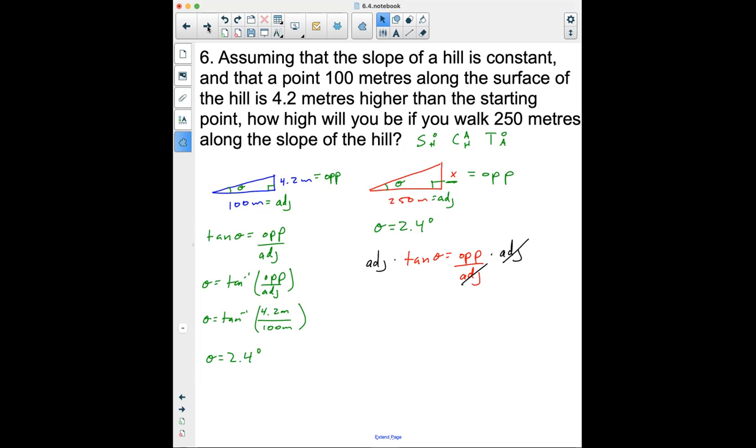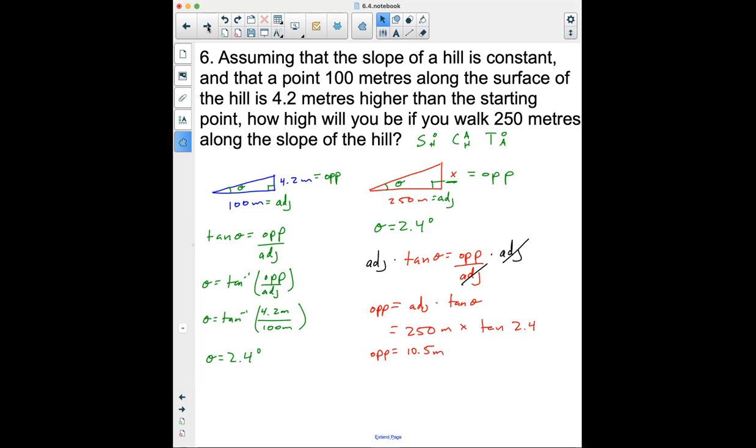Anything divided by itself cancels out. Now, opposite is equal to adjacent times tangent of theta. So adjacent is 250 meters times tangent of 2.4. Pop those into your calculator and we get 10.5 meters.